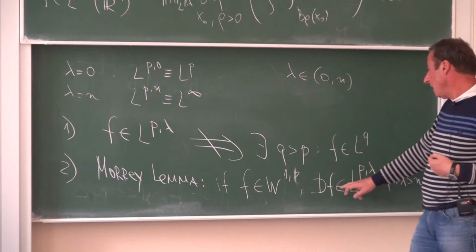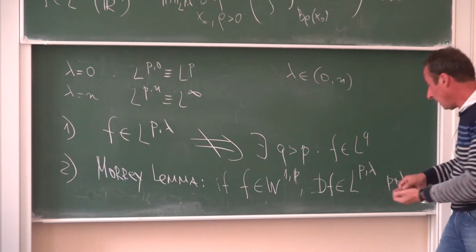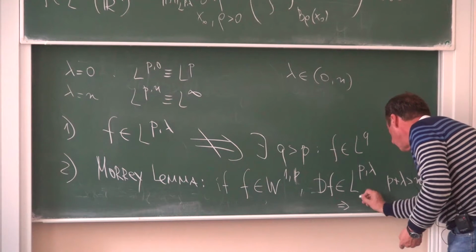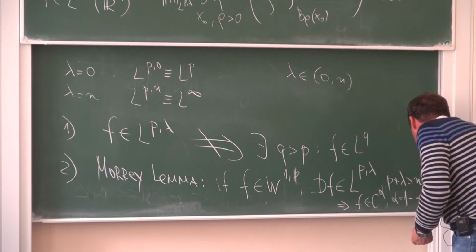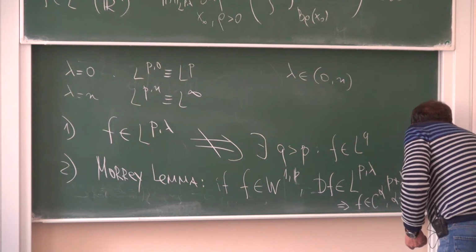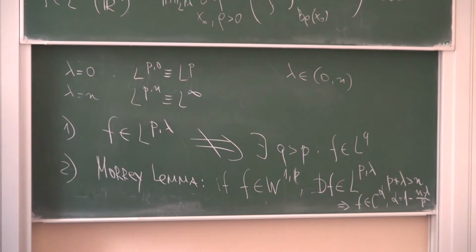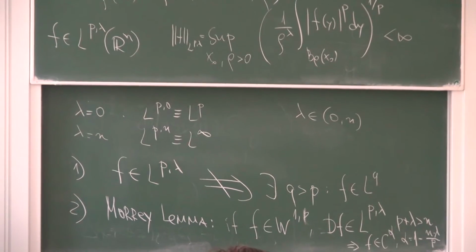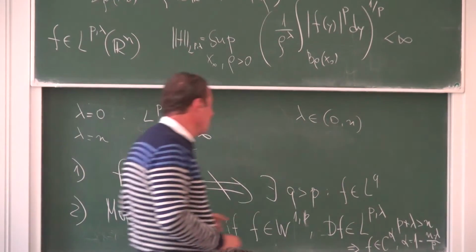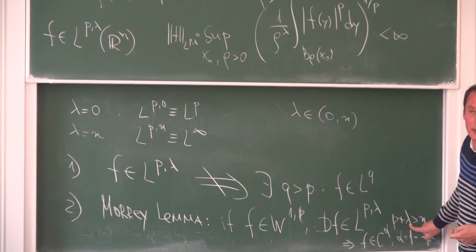In this case, if you have the gradient which stays in some Morrey space with some of the exponents greater than n, then you can assert that f is Hölder continuous with exponent 1 minus (n minus lambda) over p. So in case lambda equals 0, you have exactly the known embedding of the Sobolev space into the Hölder spaces. This is a more precise result because it gives you the possibility to consider even p less than n, but all this is on account of the second exponent lambda.